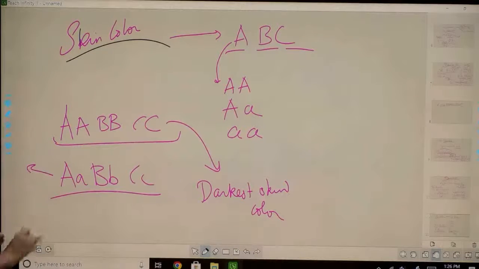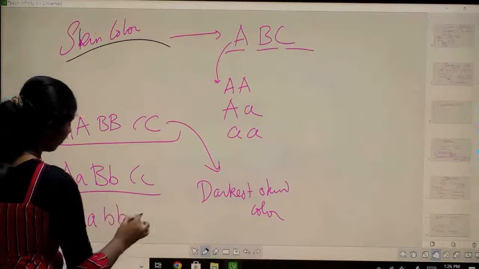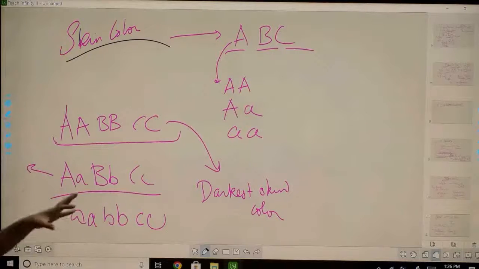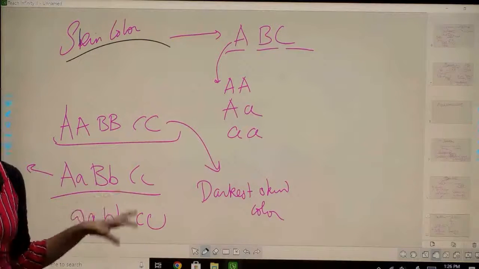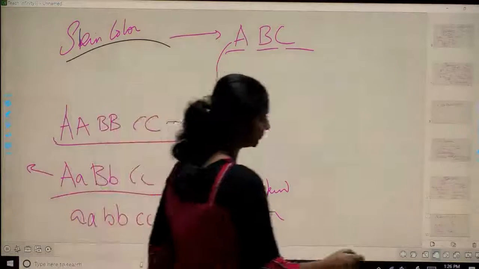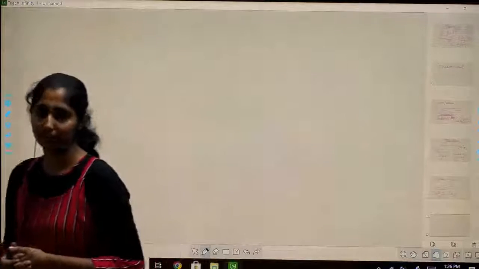This will result in intermediate skin color. And when all the genes are homozygous recessive, then we get the lightest form of pigmentation possible, that is, the person will be very fair. So that was an example of polygenic inheritance. We studied certain examples and we learned about certain characteristics of polygenic inheritance.